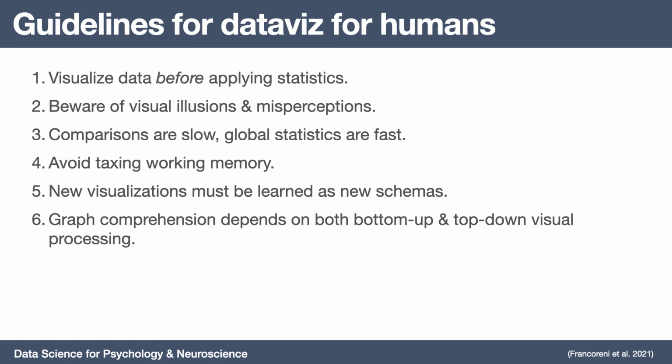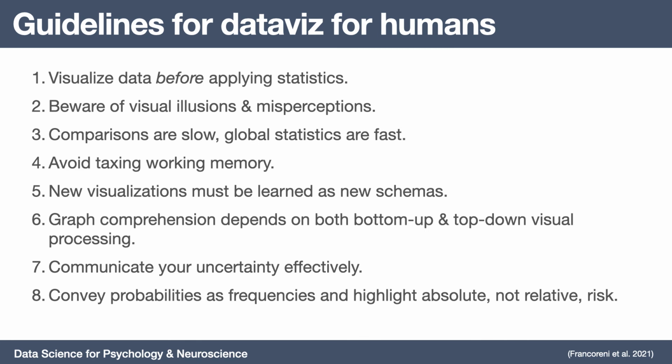Graph comprehension depends on both bottom-up and top-down visual processing, and these two work together to guide how viewers perceive your data. You want to communicate your uncertainty effectively. And in the special case of working with probabilities and risk, you want to convey probabilities as frequency and highlight absolute, not relative risks.